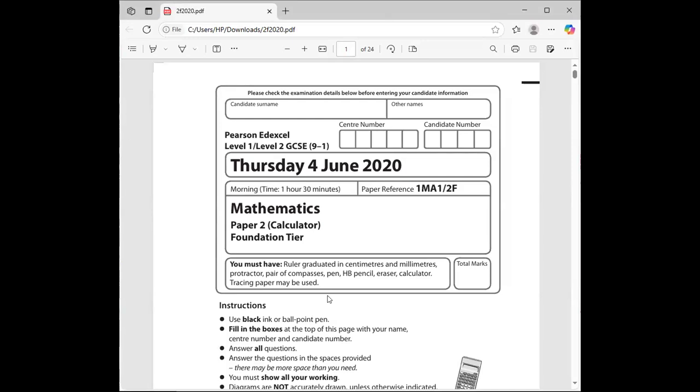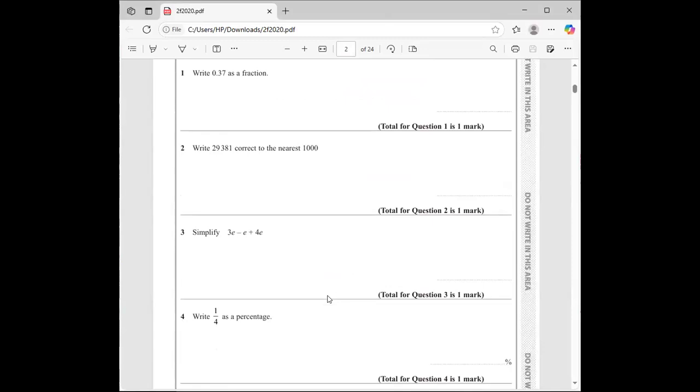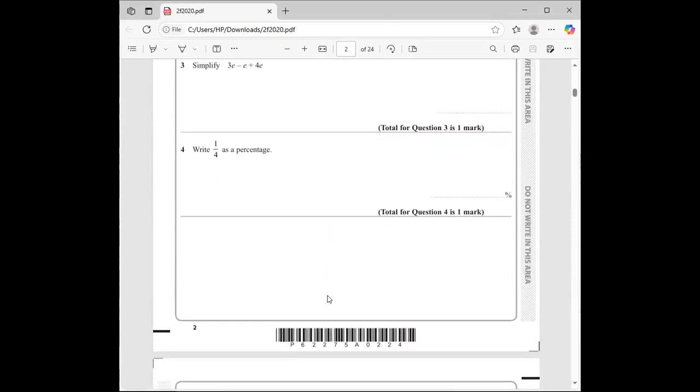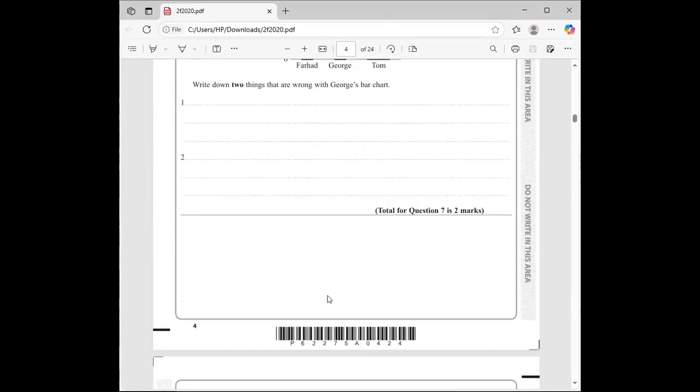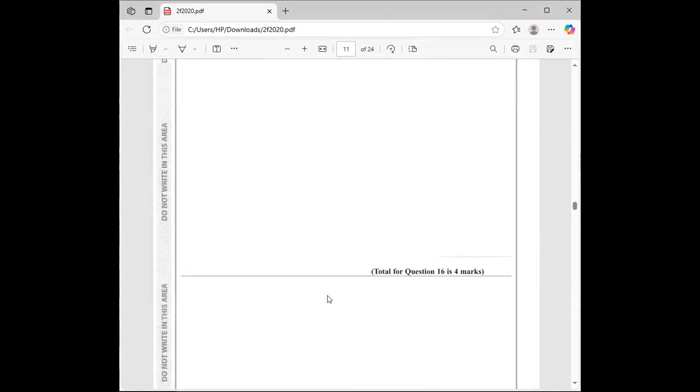Okay, good. All right. So this was the year of COVID, I think, 2020. Yeah, 2019 to 2020. So let's see the questions they had back then. Let's start with the top first.